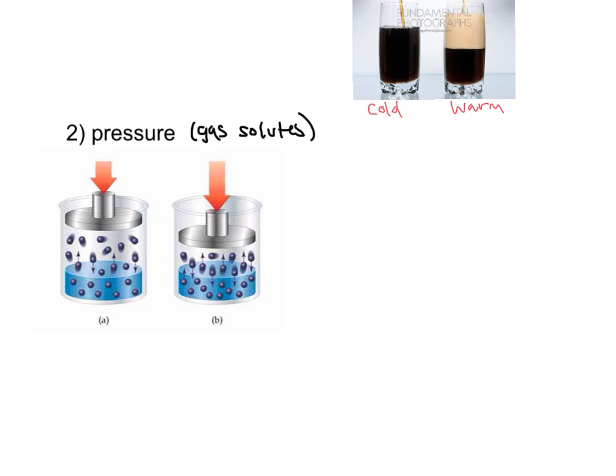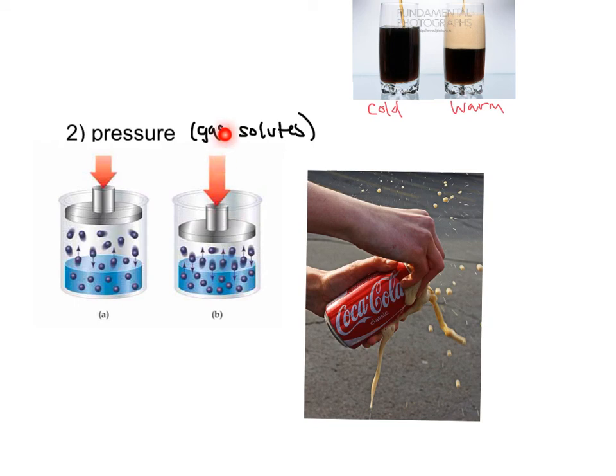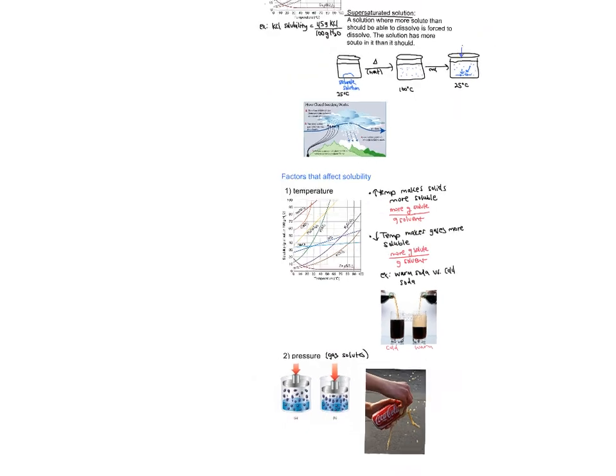And then, of course, when you open up that soda, you are taking the pressure off, releasing the pressure, and then those gas molecules undissolve, and that's why a soda fizzes when you open it. So that is the end of my presentation on solution chemistry.